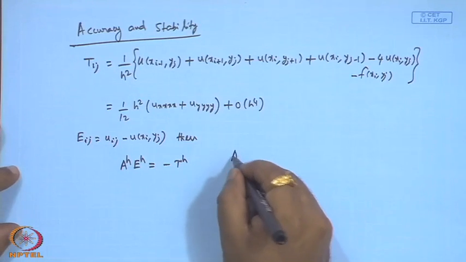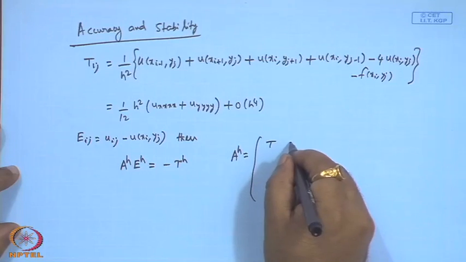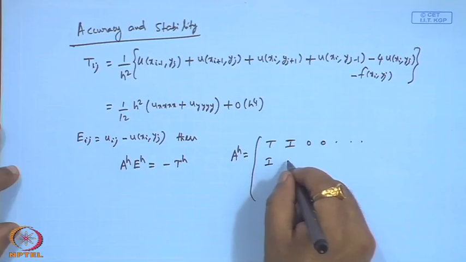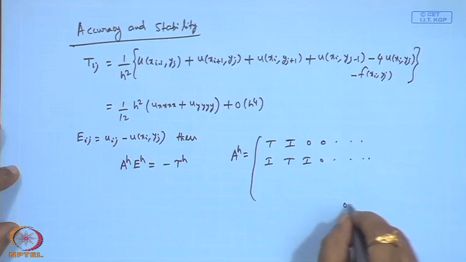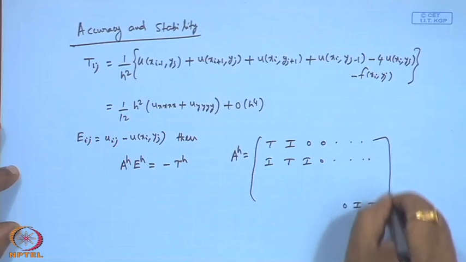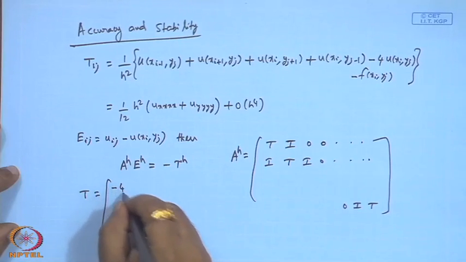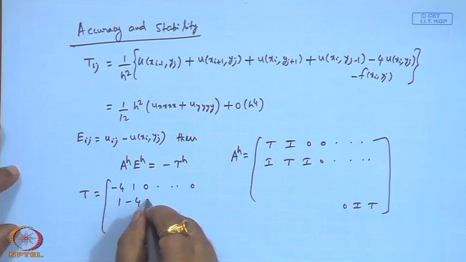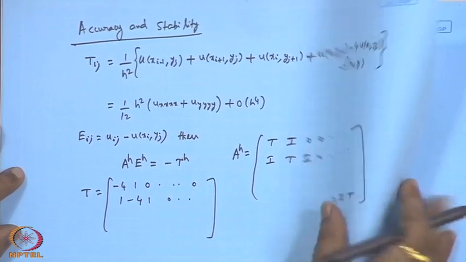So, A_h has the specific structure, where T also has a specific structure. So, this we have written before. So, I am not putting it completely. Okay.